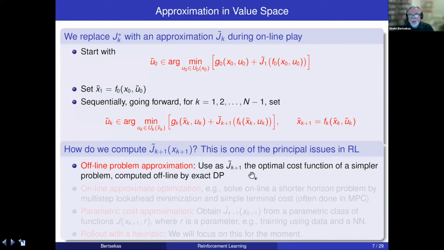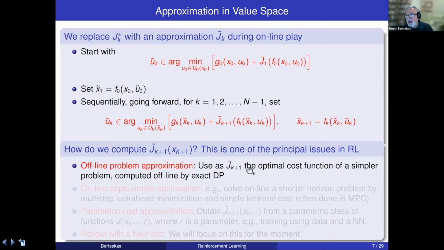So we simplify the problem, we simplify the dynamics, we simplify the constraints, and we obtain an easier problem that we compute offline with solution. And we get the solution and we plug it in as J tilde in our original problem. That's one way of doing it.